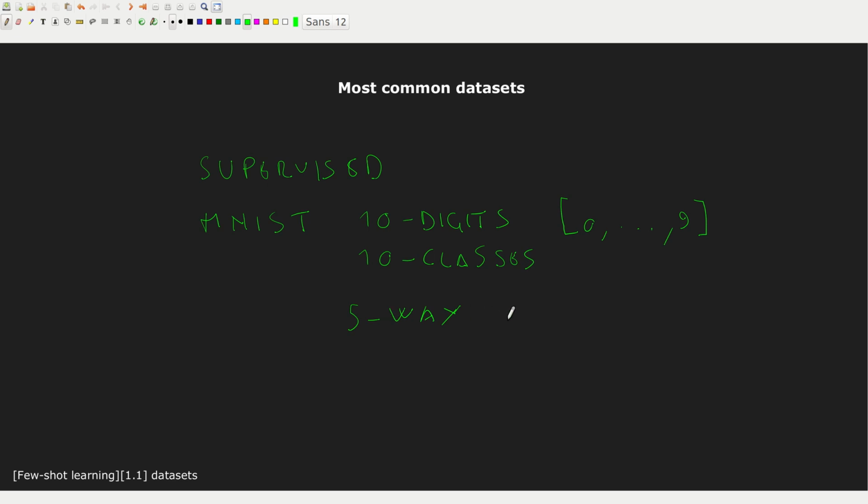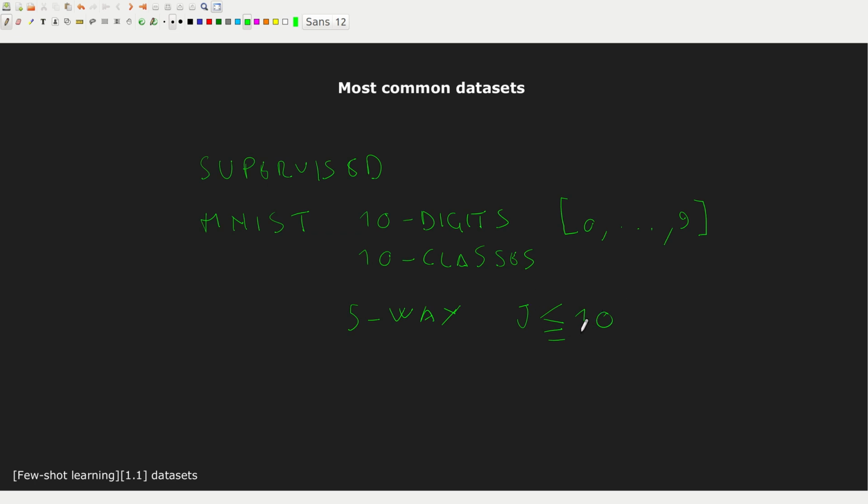So if we replace 5 with j, this j, if we are using the MNIST, has to be less than or equal to 10, the total number of classes, and this is a problem, right?